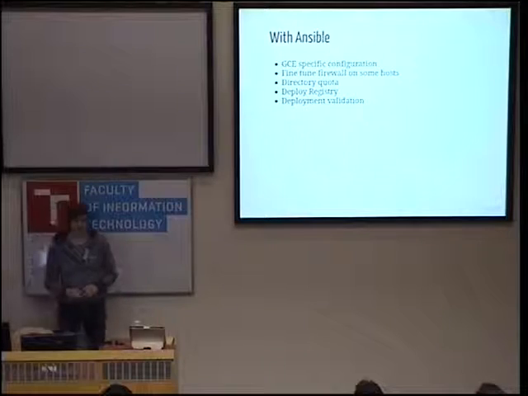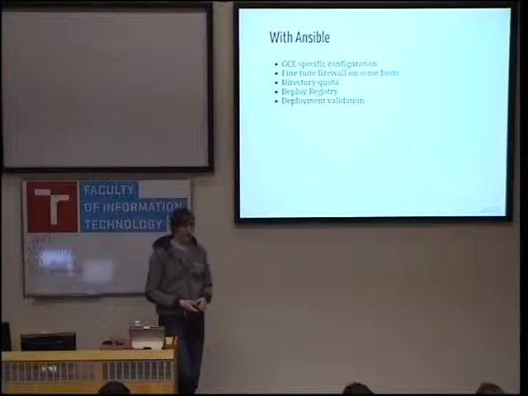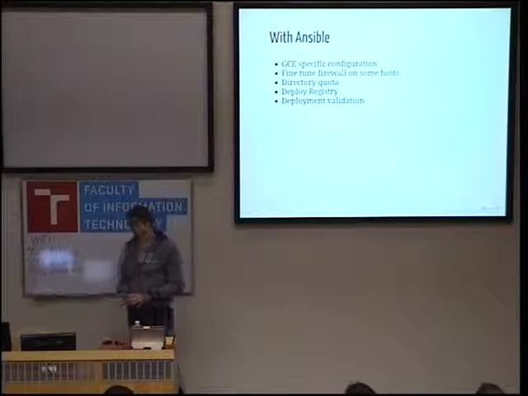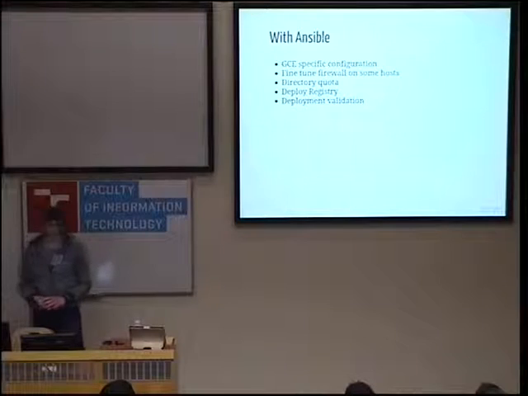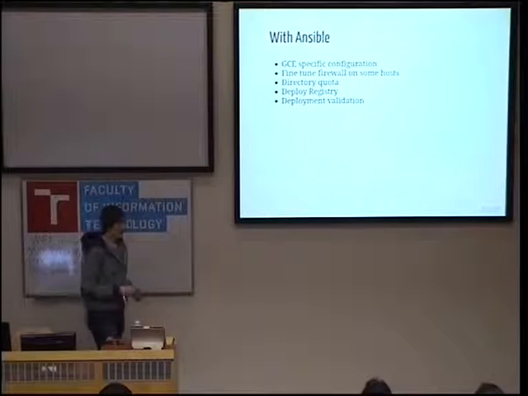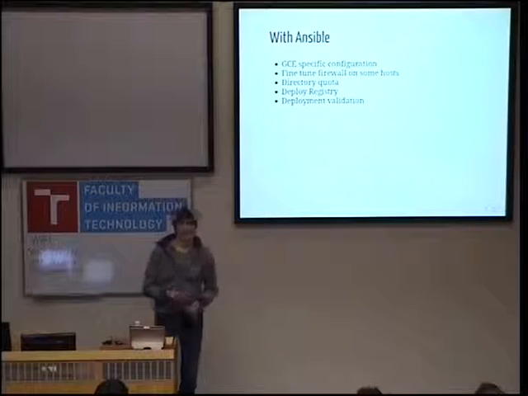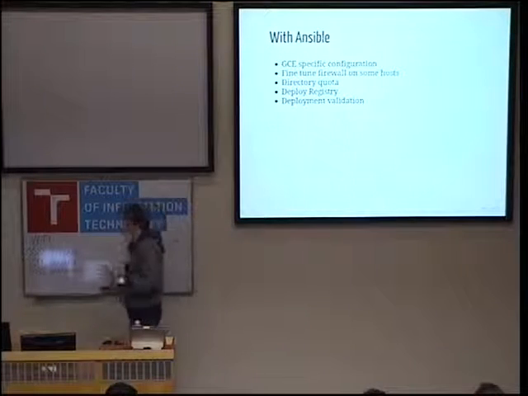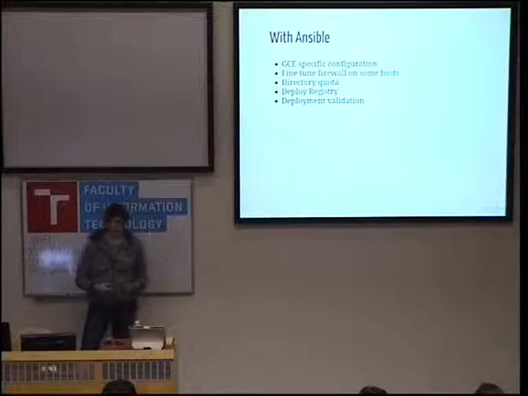We slightly configure firewalls on instances, mostly for health checks. That's not done automatically by the OpenShift installer. We set up some quotas and deploy the registry, which is also not part of the default OpenShift installer.